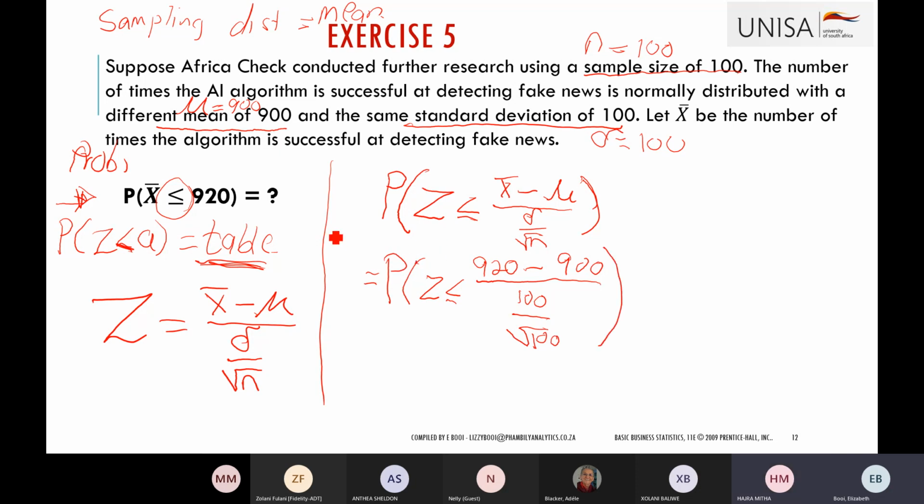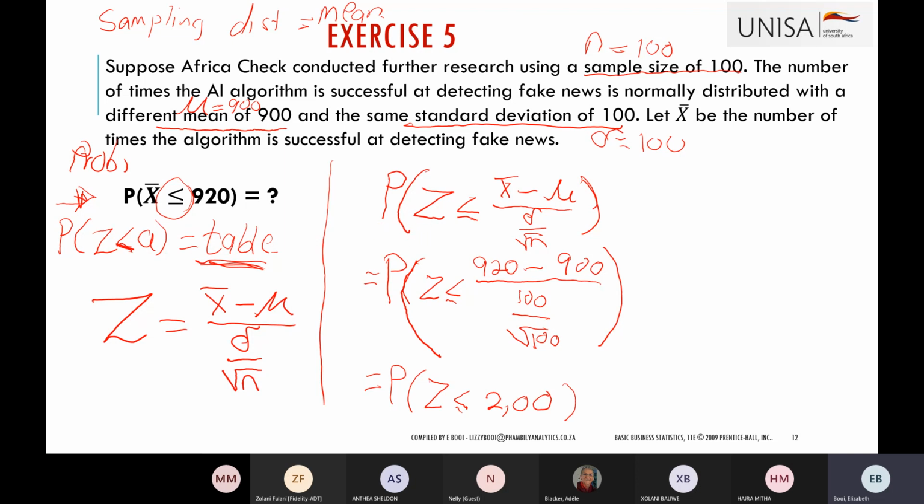And you're going to calculate the value. The value is 2.00. That will be your answer.